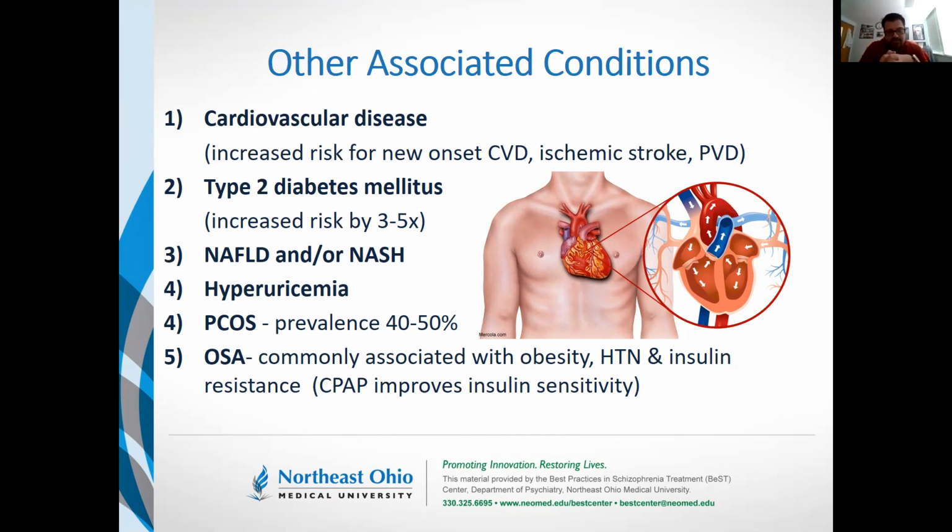PCOS, polycystic ovarian syndrome. Metabolic syndrome is seen in about 40 to 50% of those patients. And obstructive sleep apnea, which is commonly associated with obesity, hypertension, and insulin resistance. As a side note, CPAP is the most common treatment for obstructive sleep apnea, and it improves insulin sensitivity also.